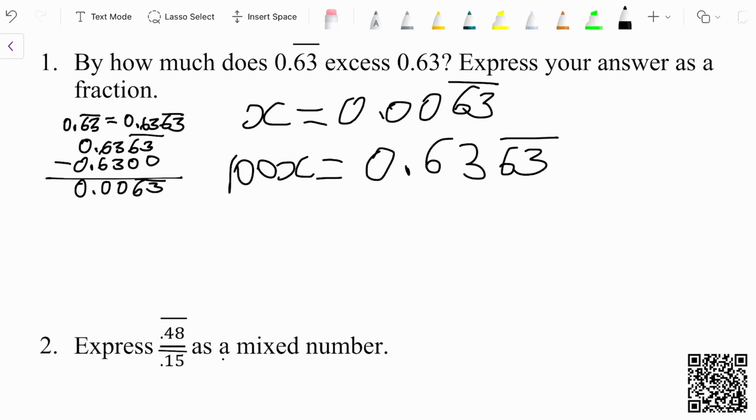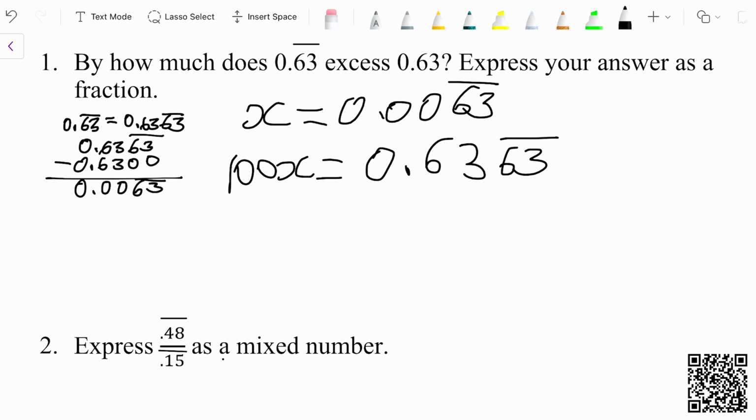And we're doing this to make it easier to subtract the above number. So basically 0.6363 with a bar above it, minus 0.0063 bar, with 100x minus x to create 99x.